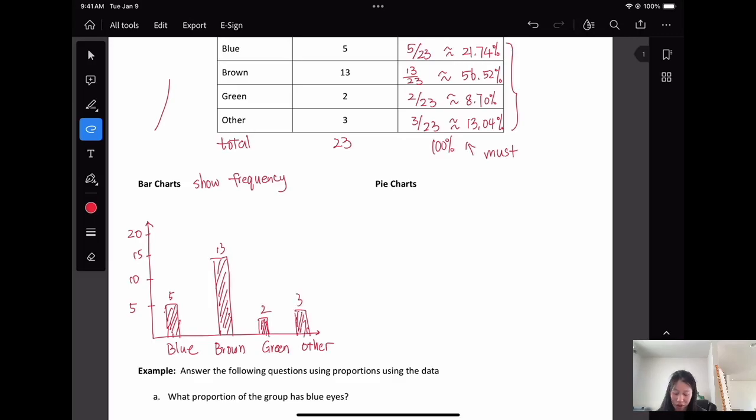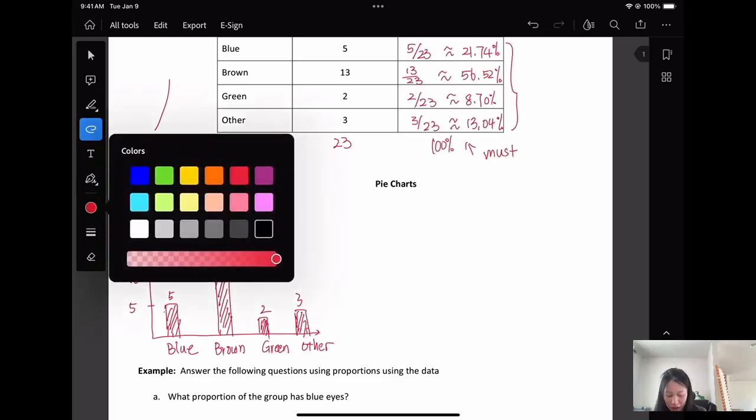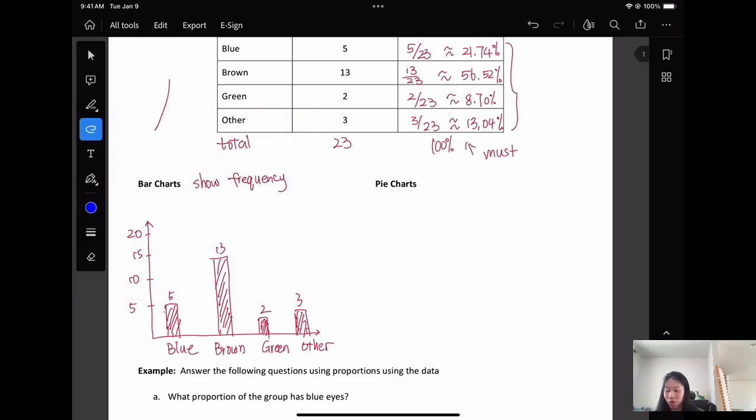One thing we need to be careful about is the gap. There is a gap in between the bars and they shouldn't touch. That's the difference between the histogram and bar chart. In a histogram, the bars can attach to each other, but for a bar chart, you can't. There must be a gap.